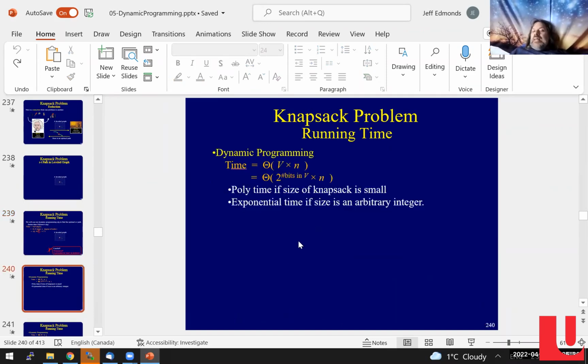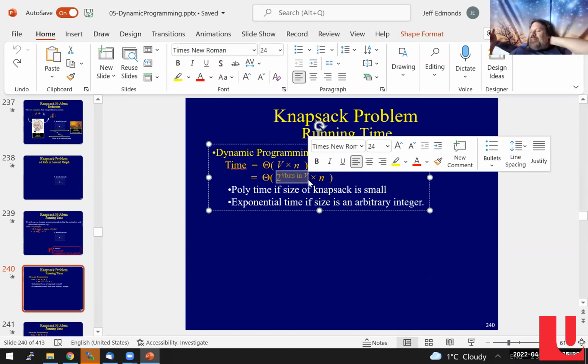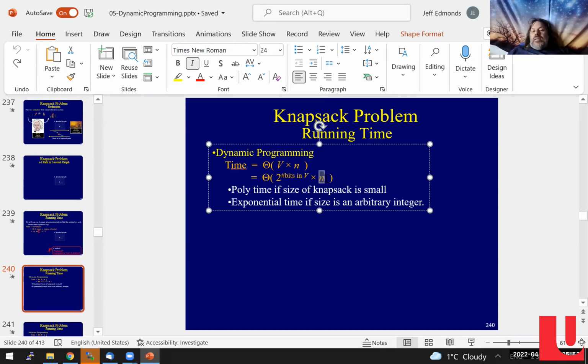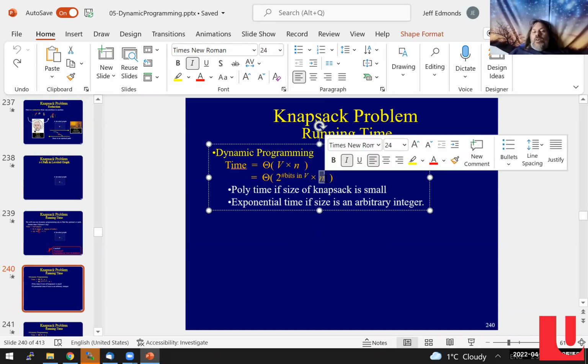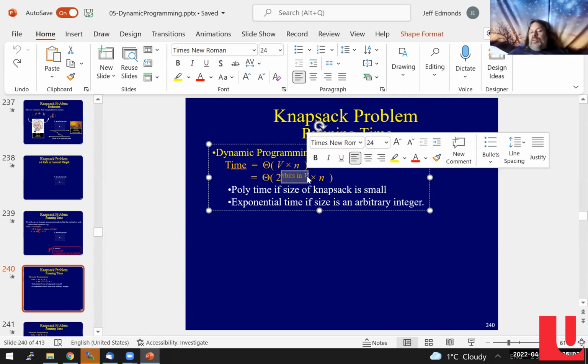Now why we're writing this down is because how many bits does it take to write down the input? You have n objects, and part of the size of the input is the number of bits in your volume.